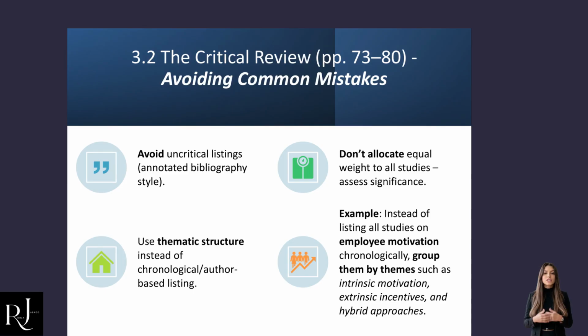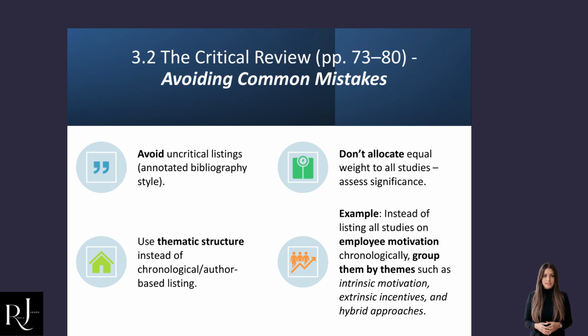To ensure quality, avoid common mistakes like uncritical listings, which often look like an annotated bibliography. Don't allocate equal weight to all studies. Instead, assess their significance and give more space to the most important ones. Use a thematic structure instead of a chronological or author-based listing.